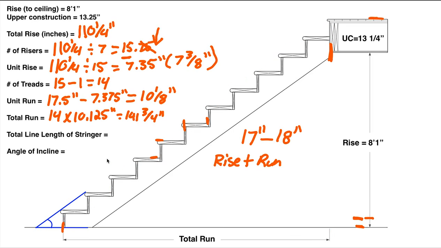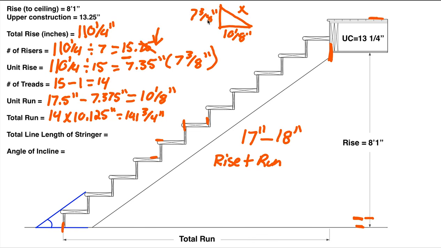So what we are going to do is we're going to get a unit triangle. You might remember this a little bit with roofing, and it's kind of similar, but we'll take a unit triangle and we'll figure out the hypotenuse. So we have 10 1/8, and we have 7 3/8, and we'll figure out the hypotenuse there.